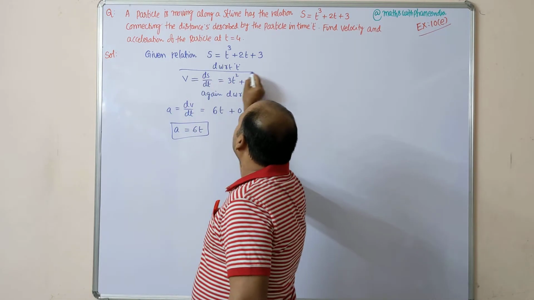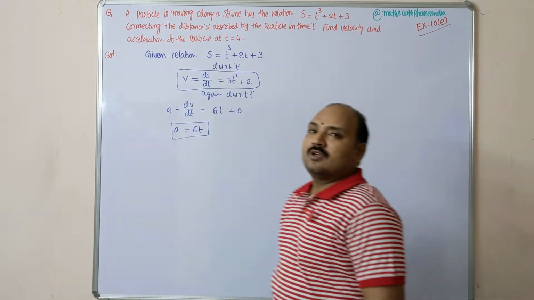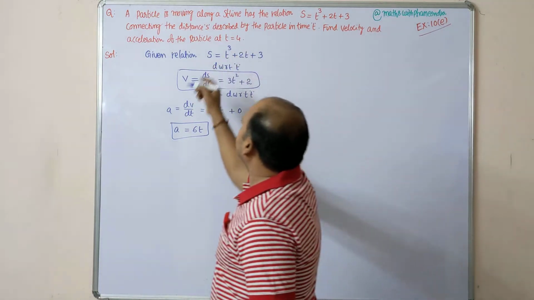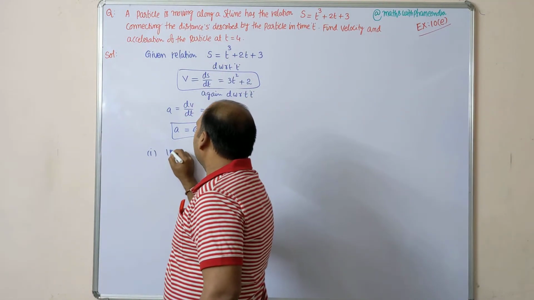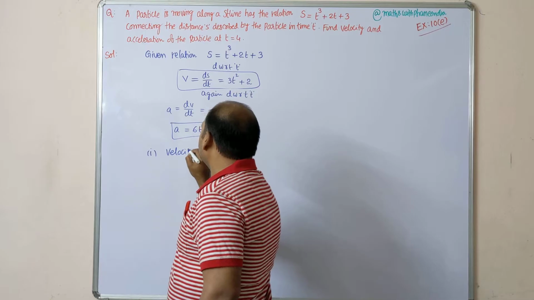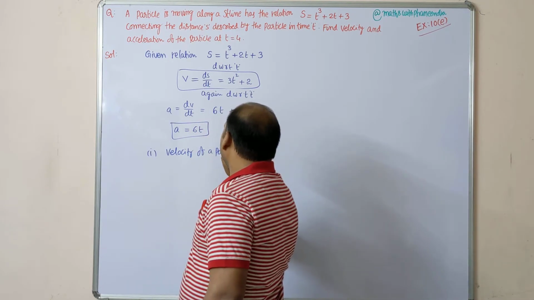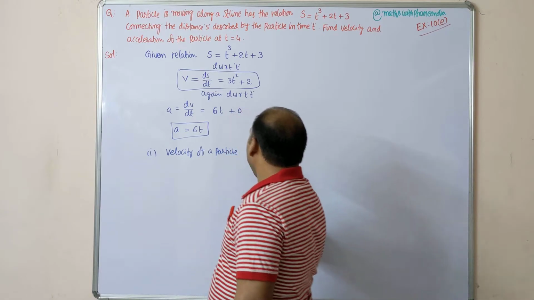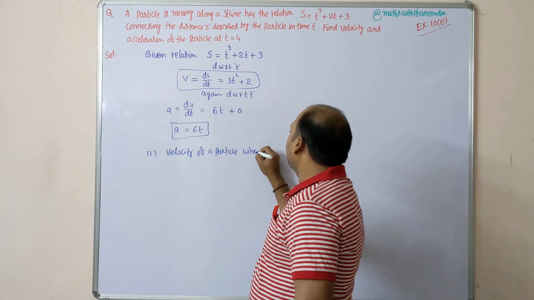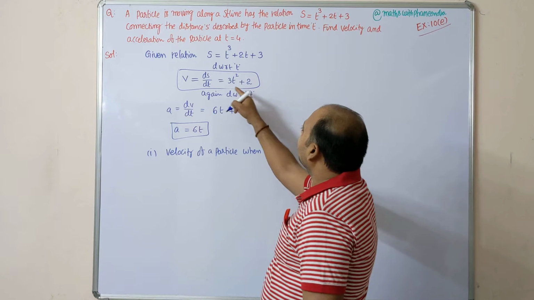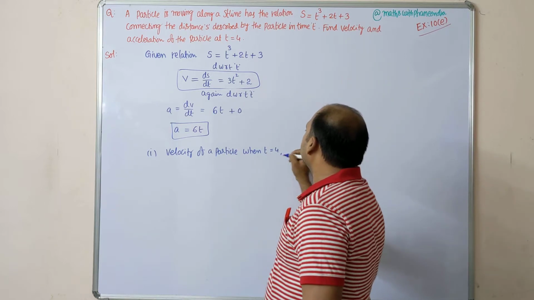So this is velocity. So first question, velocity of the particle when t is equal to 4 seconds.